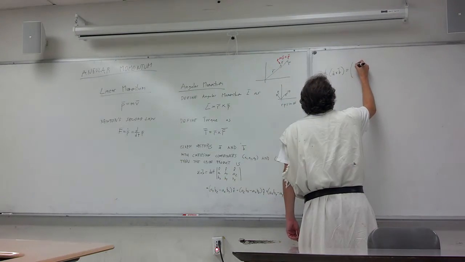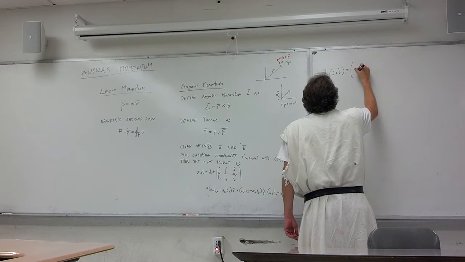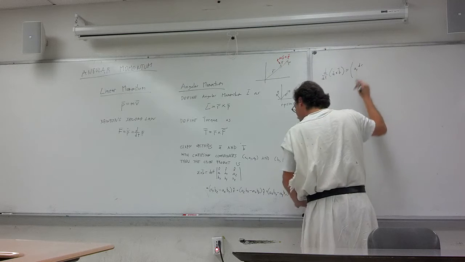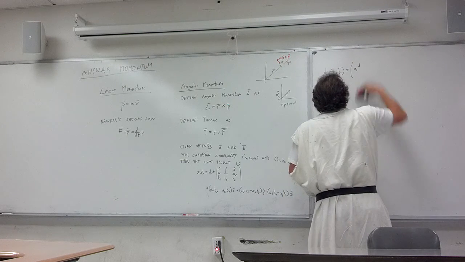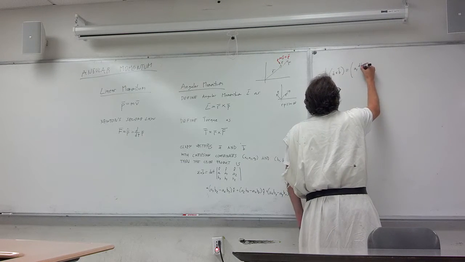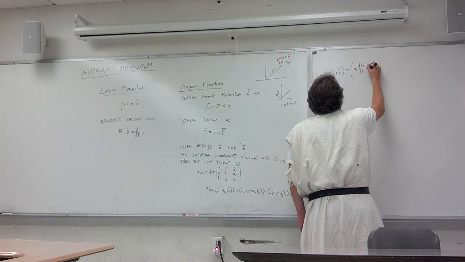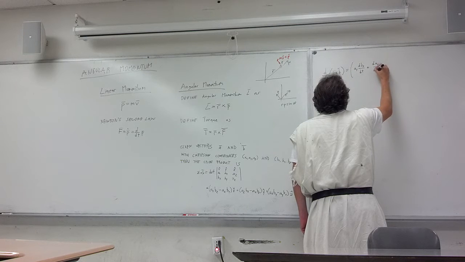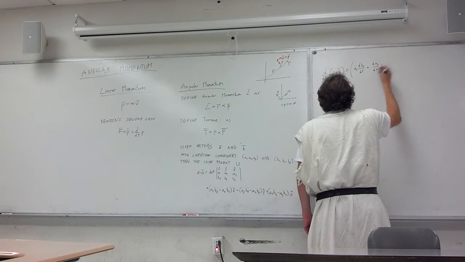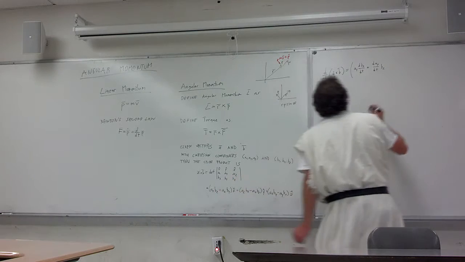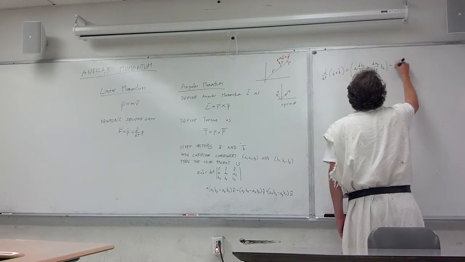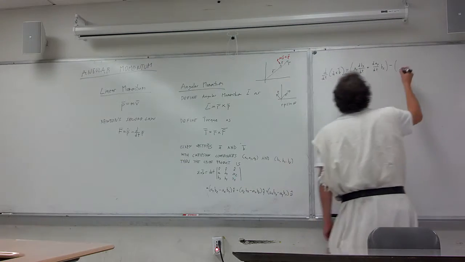I'm going to get what? AY times the derivative of BZ, plus the derivative of AY times BZ. That's applying the derivative here. And then I'm going to subtract this one.